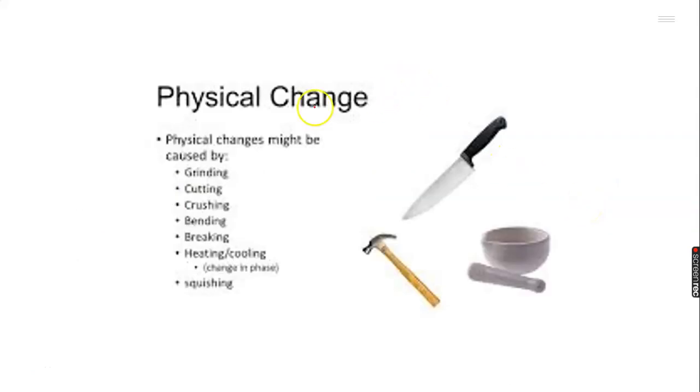So these are examples of physical changes: grinding with your mortar and pestle, cutting with a knife, crushing maybe with a hammer or any other thing, bending, breaking, squishing. They are all examples of what?